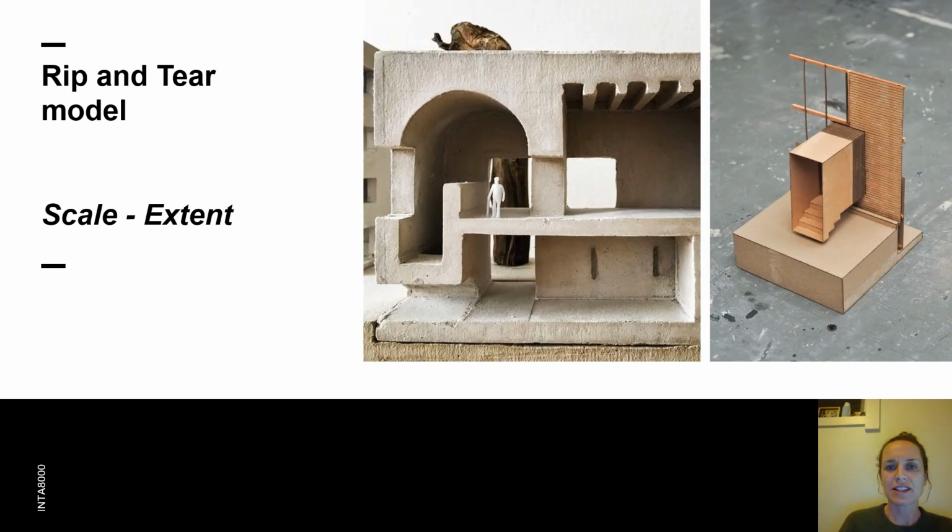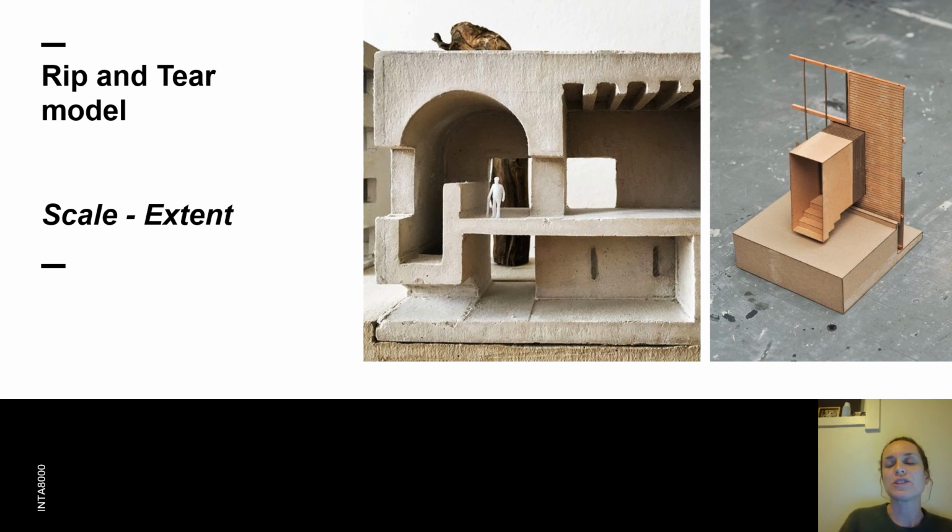So if we have a look at some examples here, if you're working in the model on the left at 1 to 50, you might be interested in showing relationships between larger volumes of spaces or larger material masses across one zone in your key area and another zone in your key area.